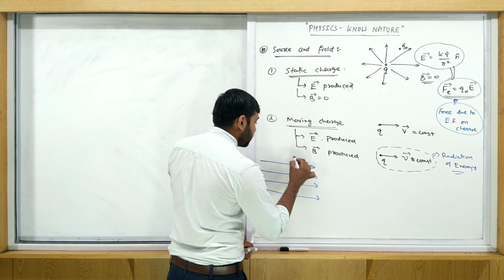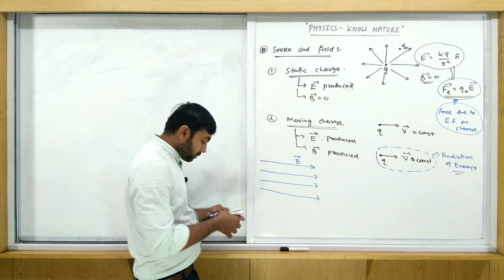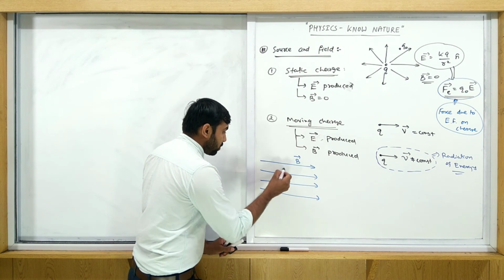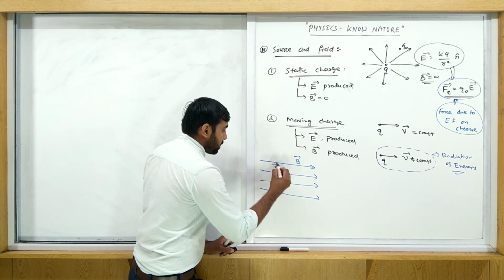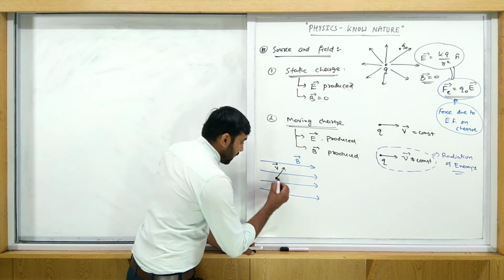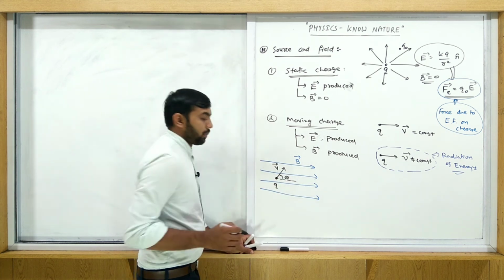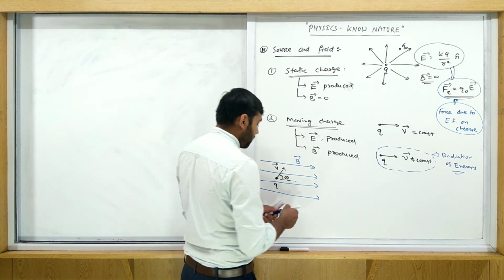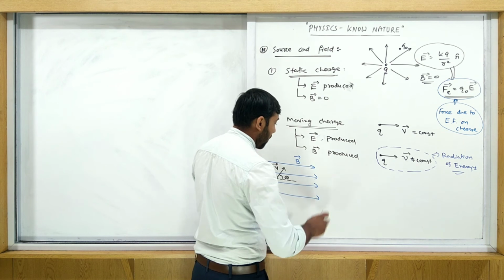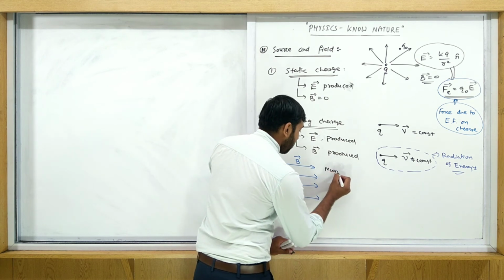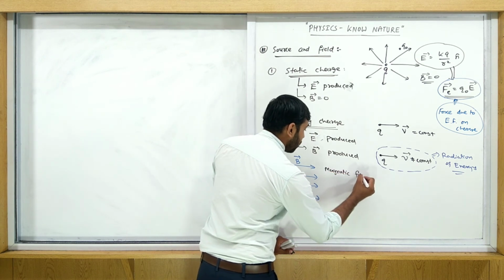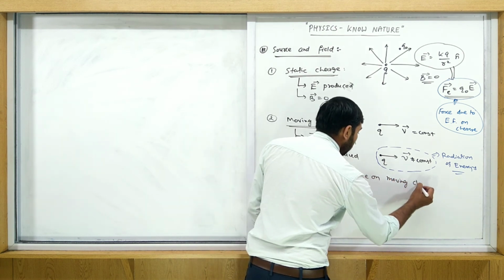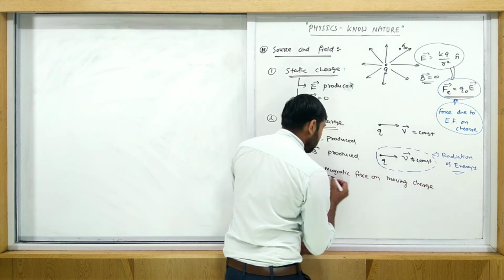What is this external magnetic field? B. You consider this is the moving charge Q, and Q moves, suppose along any direction, with velocity V. The angle is theta. So one experimental result we have to write here: experimentally, the magnetic force on a moving charge.